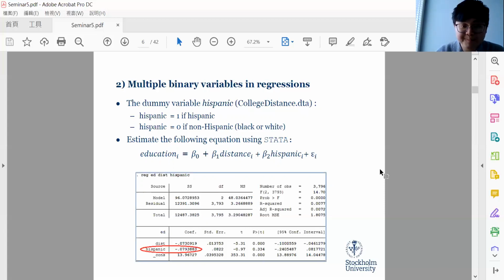From the regression, you can see that if you are Hispanic compared to non-Hispanic, on average you have less schooling, by 0.07 years, but it's not significant because the p-value is 0.3, which is quite big.